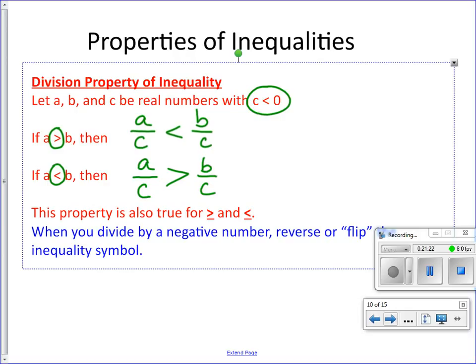So in summary, if you multiply or divide each side of an inequality by a negative number, you need to reverse or flip the inequality symbol.